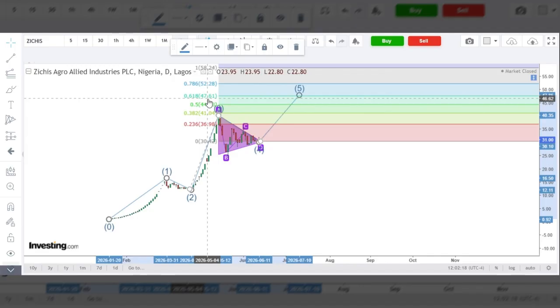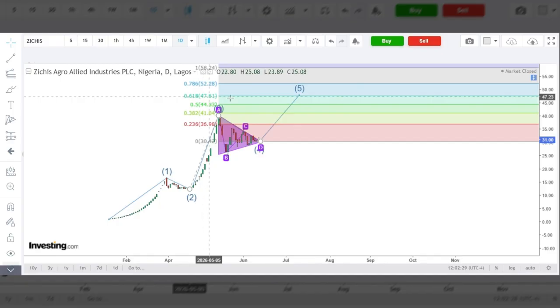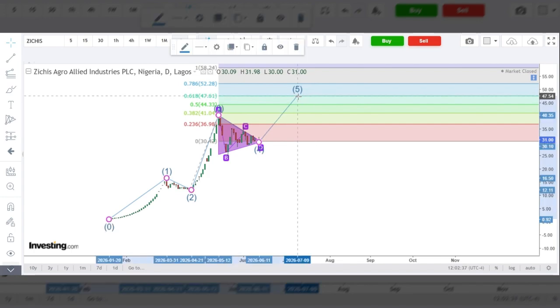This is 47.61 naira. So from, let's say, this 30 or 31 naira area to 47.61 naira, I believe is more than 30% gain, if not almost 50%, but it's a very good gain.